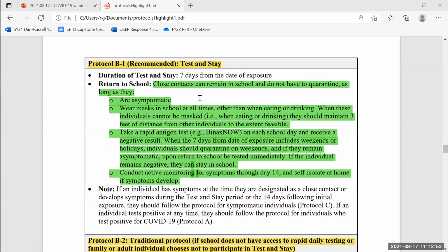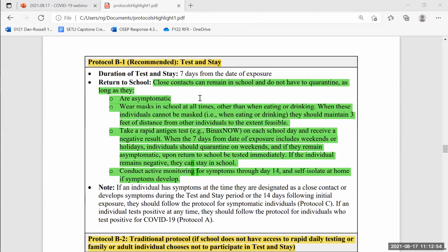And so if you're involved in test and stay and a parent has consented to it, a close contact can remain in school and does not have to quarantine as long as they meet these conditions. They have to be asymptomatic. They have to wear masks. So keep in mind, you might have a school, maybe it's older grades, where your students are not wearing masks at all times, except for when eating and drinking. If they're not, and they're identified as close contacts and you're doing test and stay, they do need to wear masks.